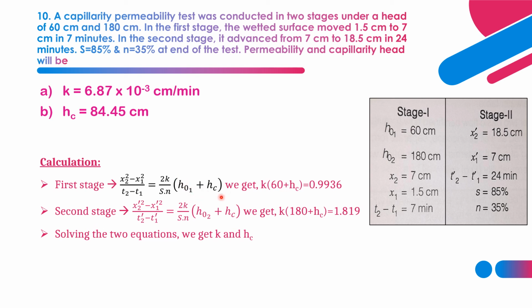So that's why H01 plus HC. Upon substituting all the values, we get two equations. By solving these two simple linear equations simultaneously, we can get the values of K and HC. So this is how we have to go with the capillarity permeability test.